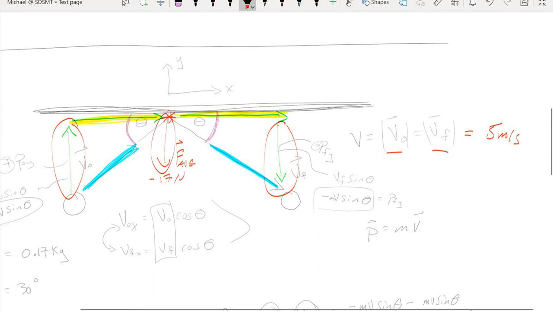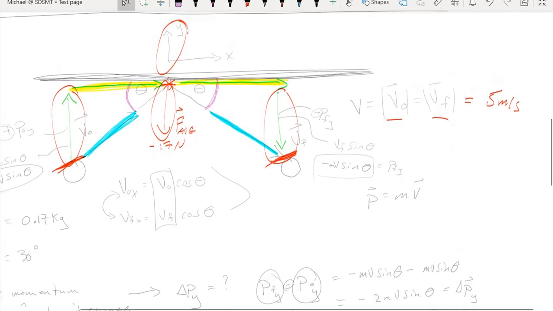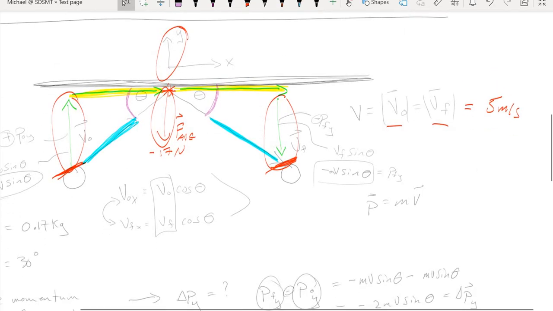Well, does that match up with the reference frame that we're using? And the answer is yes, it does. The ball would have to be pushed in the negative direction if we are to change the direction of the y velocities. We shouldn't have any vertical discussion here since we're looking down on top of the billiard table.